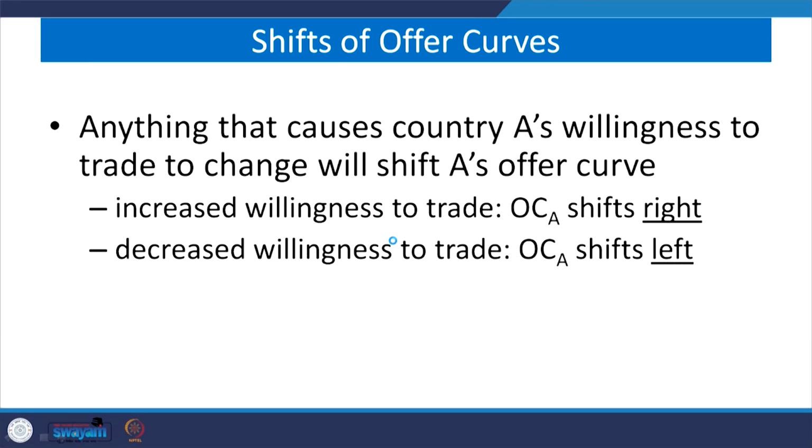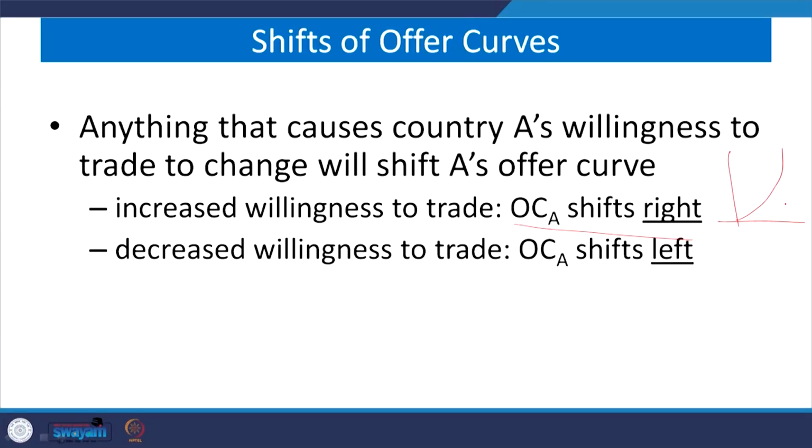Now, the shift of the terms of trade is defined like this: anything that causes country A's willingness to trade to change will shift its offer curve. An increase in willingness to trade shifts A's offer curve towards the right; a decrease in willingness to trade shifts the offer curve towards the left.